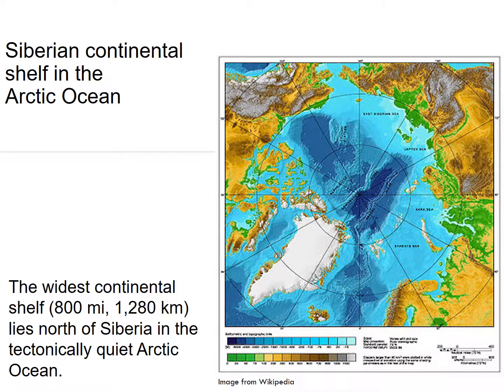So the Siberian continental shelf is the widest continental shelf that we have. It's about 800 miles wide, which is about 1,280 kilometers. And the Arctic Ocean is tectonically fairly quiet.